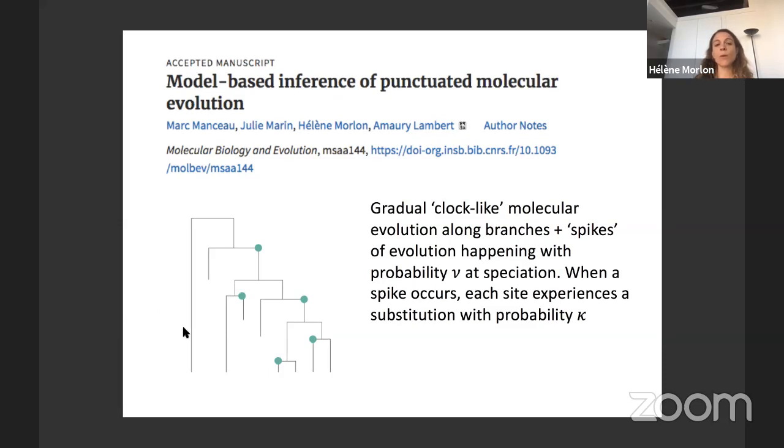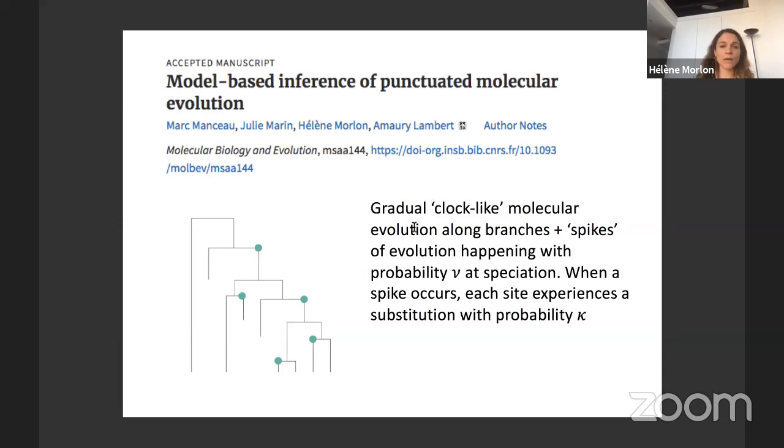So here we combine these two processes, a gradual clock-like model of evolution along the branches and these events that we call spikes that happen with a given probability at speciation. And when a spike occurs, each site experiences a substitution with a given probability k.